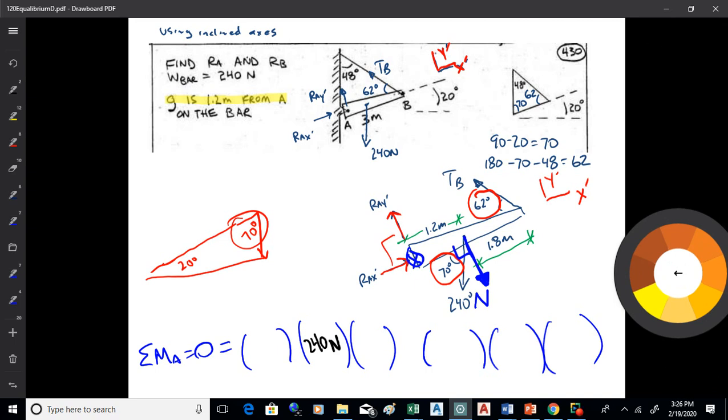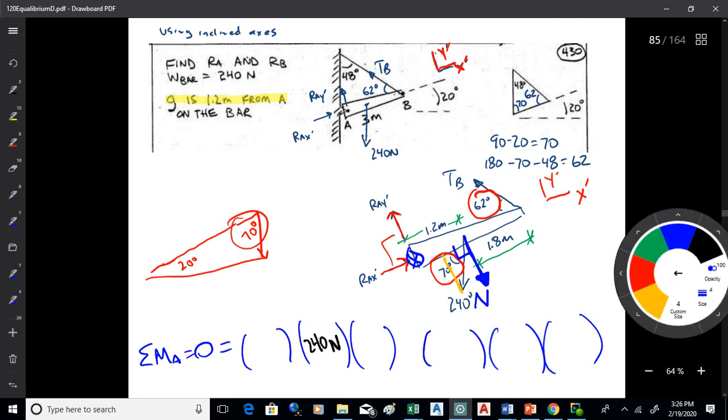Opposite the 70-degree angle. What I'm doing is taking that component and just kind of shifting it over, so to speak. So what's my trig on that? Sine 70. Okay. And then I've got that moment arm it was given. It's 1.2 meters.